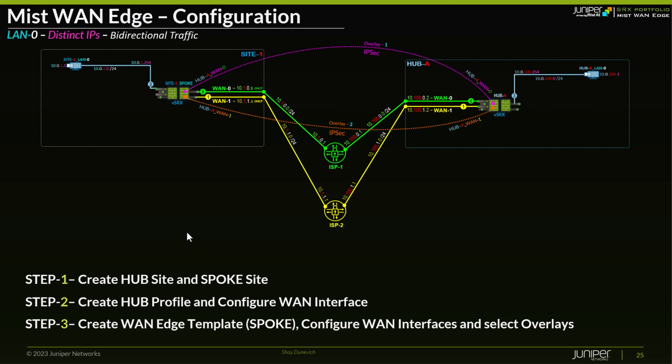WAN Edge template under Mist refers to templates that are applied on sites where you would deploy your spokes. And similarly to the hub, we'll need to configure interfaces, select overlays to know which overlay we want the spoke to use in order to connect to the hub.